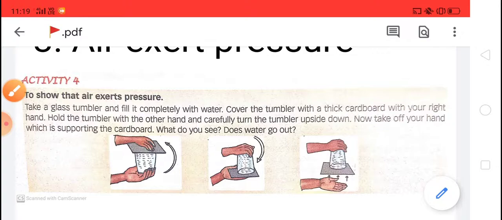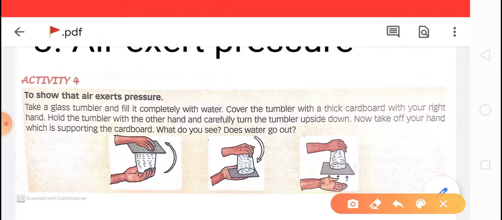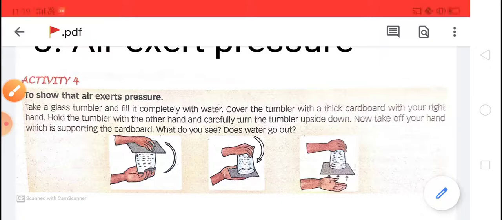Okay, and then hold the tumbler with the other hand and carefully turn the tumbler upside down. You can see you have to turn the glass tumbler upside down. Okay, and now take off your hand which is supporting the cardboard.